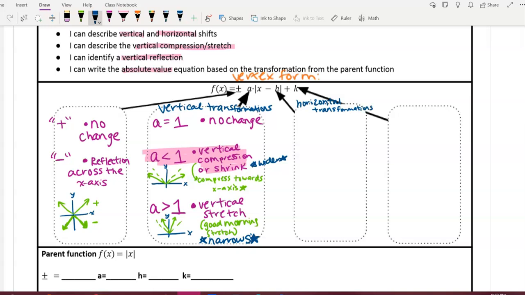So with the horizontal transformations, yes, we do remember that X lies about H. So when we see in the equation it reads X minus H, we know that h is really positive. And because it's positive, that means we are shifting to the right.